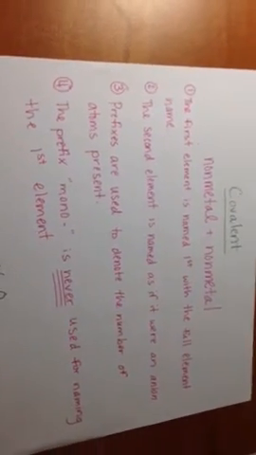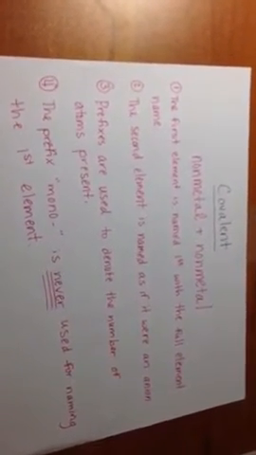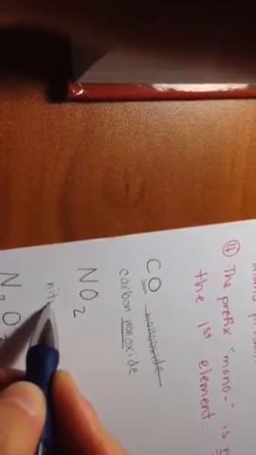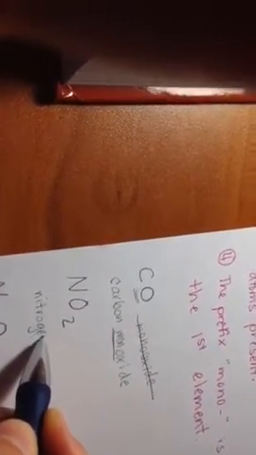Again, if we were to look on our periodic table, we see that these are two nonmetals coming together, so we know this is a covalent compound. So we're going to follow our rules for naming covalent compounds. Again, our first element, there's just one, so we don't need a prefix. We just want to write the element name. Nitrogen. Now we come to oxygen.